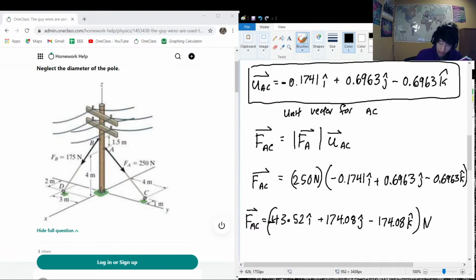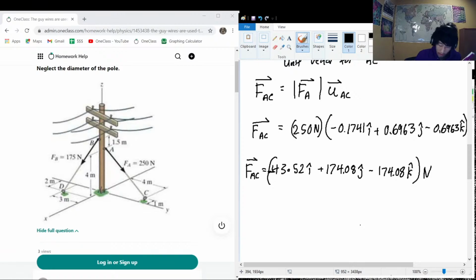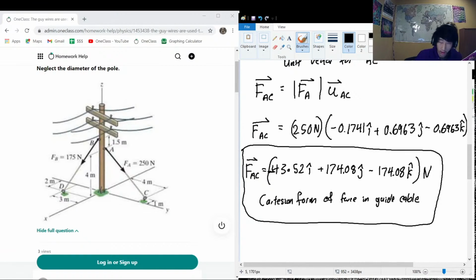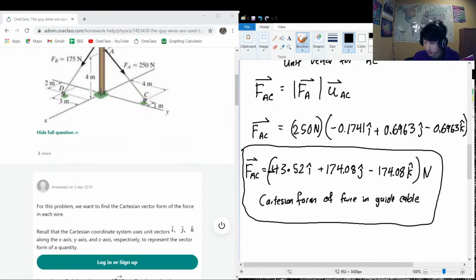And this will all be in newtons. This shall be our Cartesian form of a vector or a force in guide cable. Awesome. So this will be one part of our solution. Hopefully we have an agreeing answer here.